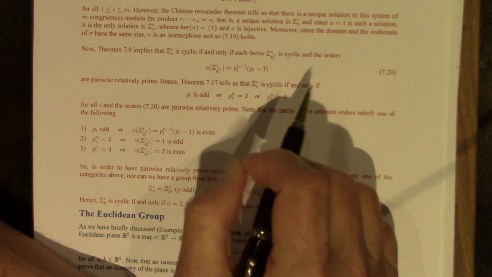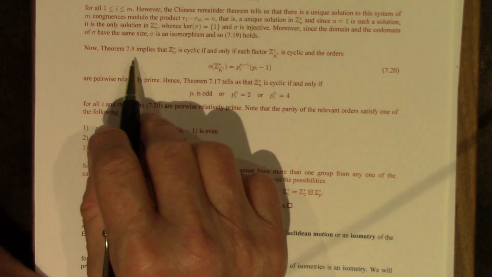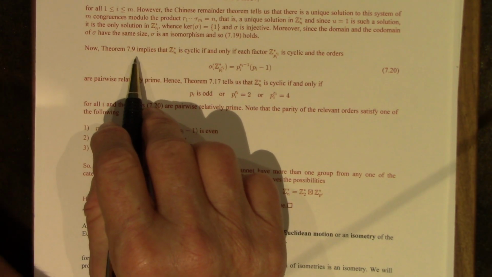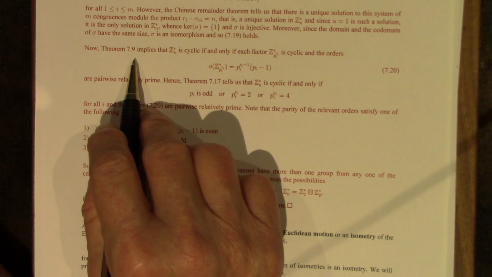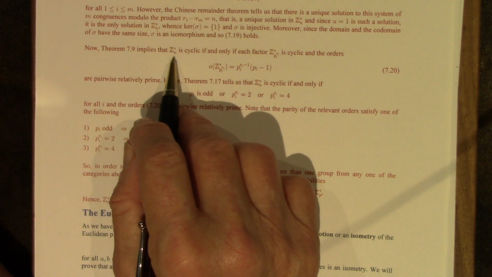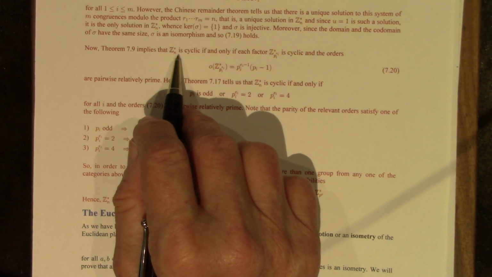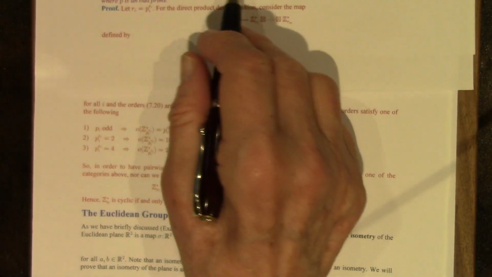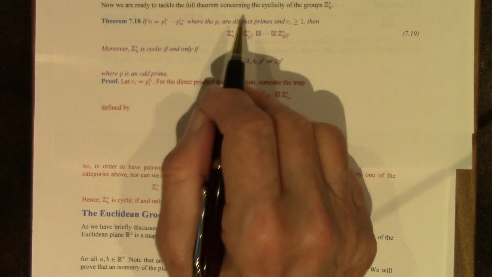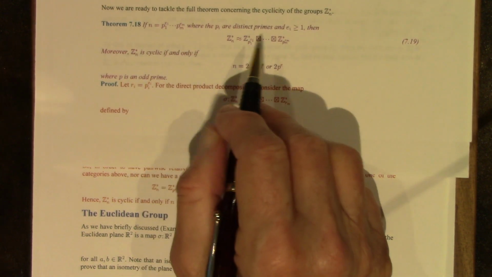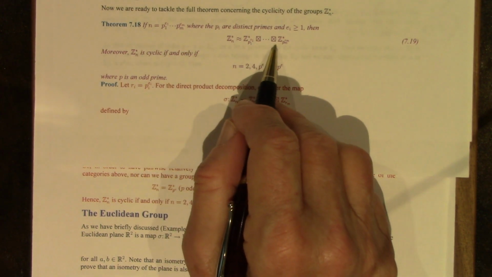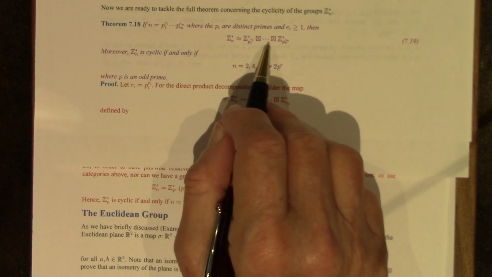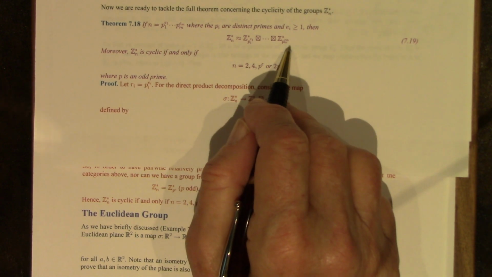Now, an earlier theorem, 7.9, from the last lecture, will imply that Zn star is cyclic. Let me bring this back again. That Zn star, where'd it go? There we go. Zn star is cyclic if and only if each of these is cyclic and their orders are pairwise relatively prime.